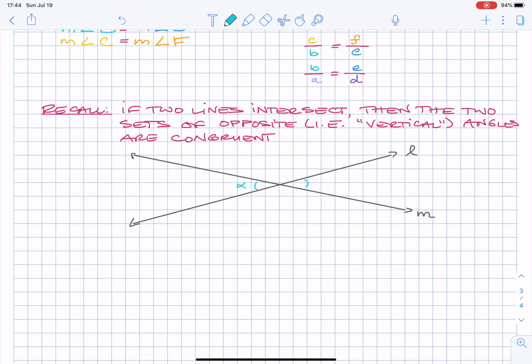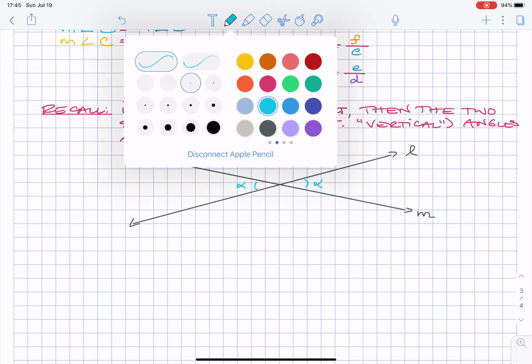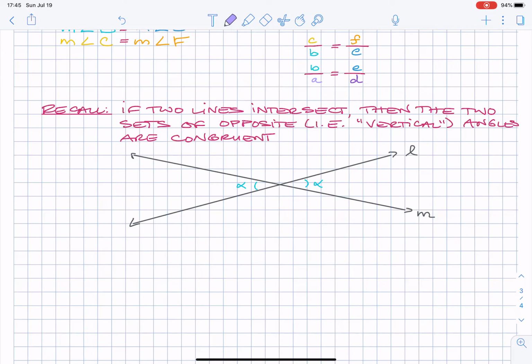They're both the same because they're opposite interior angles, whereas this angle here, we can call these two angles beta. Remember, we always name angles after Greek letters. So angle beta. So opposite interior angles are equal.